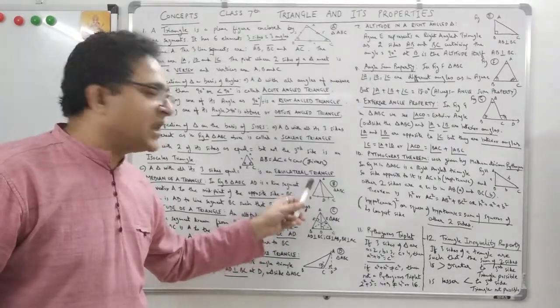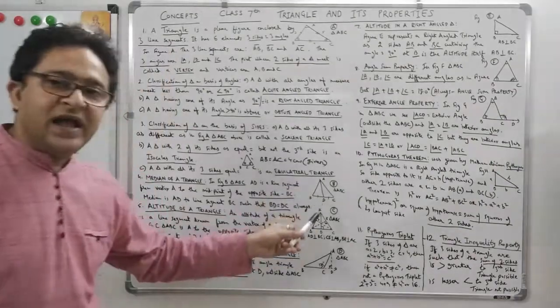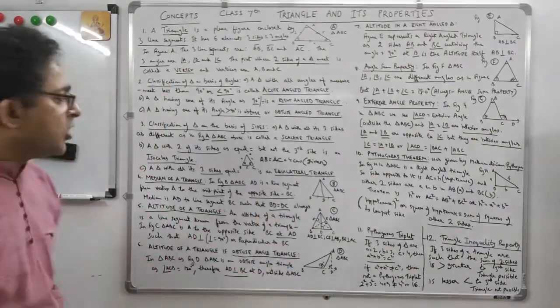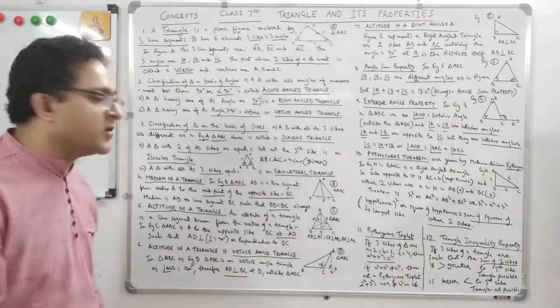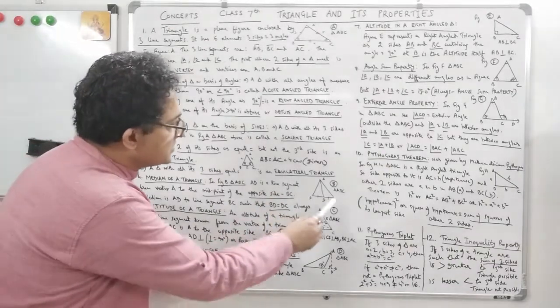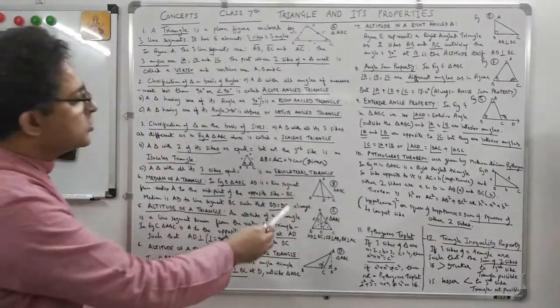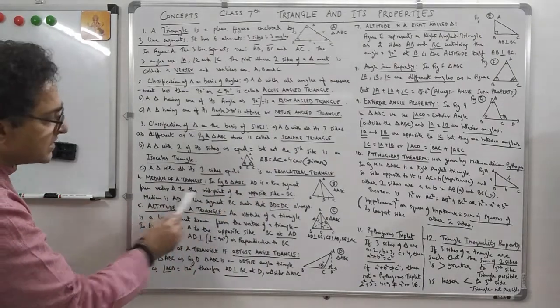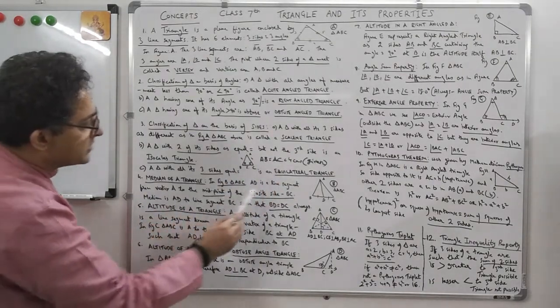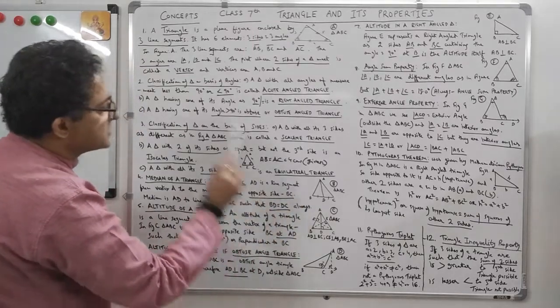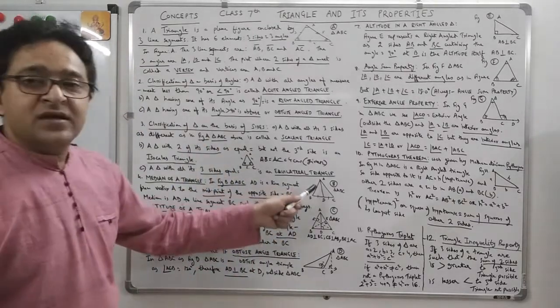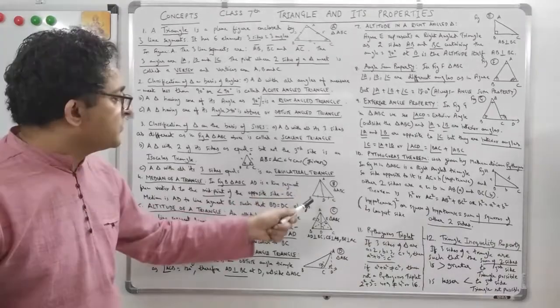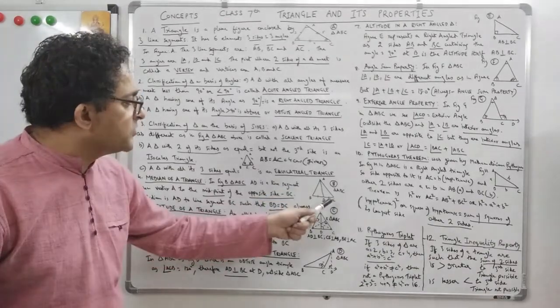So you have to draw a line segment AD which is on the opposite side of the vertex A, which is BC. So AD is the median to BC. So AD is a line segment from vertex A to the midpoint of the opposite side BC. So vertex A opposite side is BC, vertex B opposite side is AC, vertex C opposite side is AB.